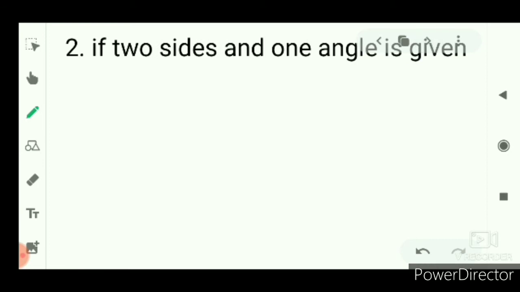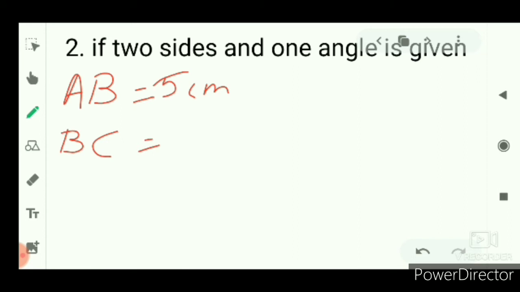The next thing that we have seen: if two sides and one angle of a triangle are given, then how to draw the triangle. Suppose in triangle ABC, AB is given as 5 cm, BC is given as 6 cm and angle B is equal to 30 degrees.